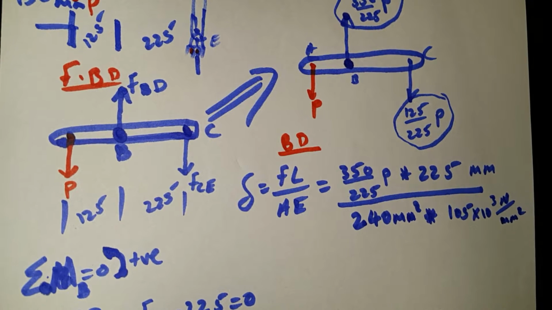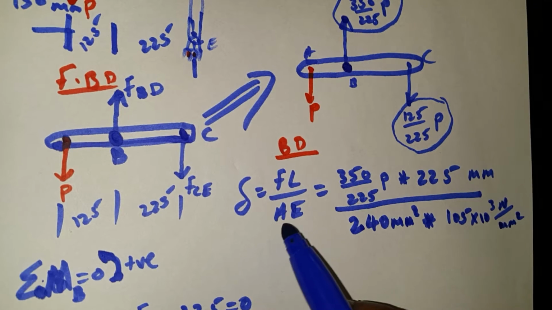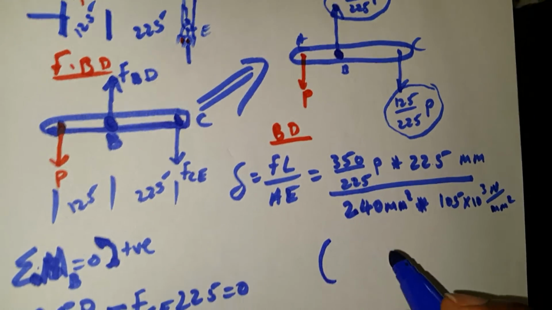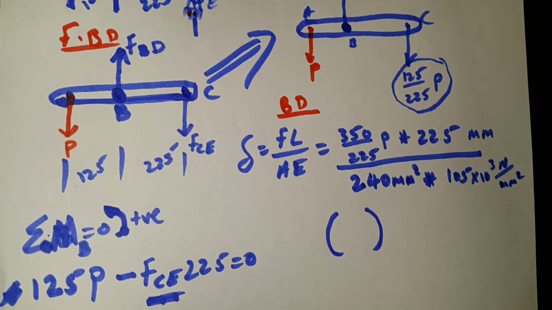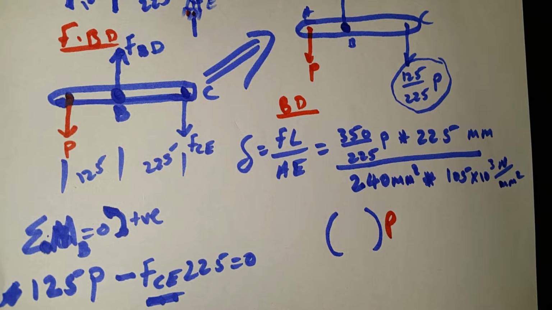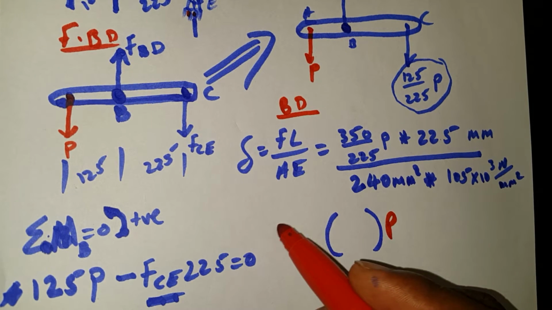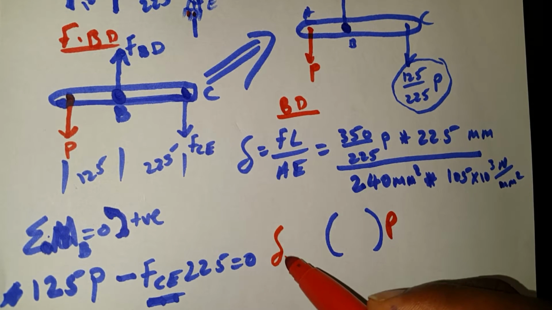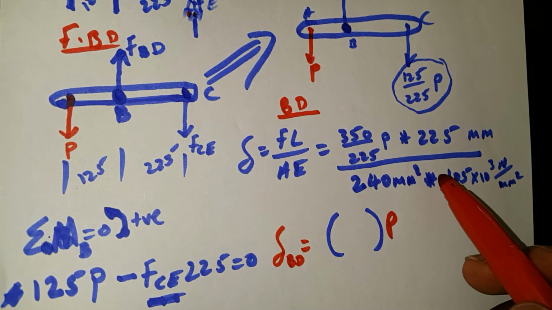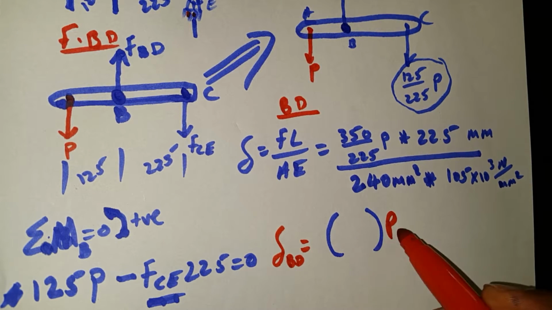Okay. So from here, you just have to solve for this, and you will find a number that is multiplied by P. So this at B, D, you have to solve this, put a number there that is multiplied by P.